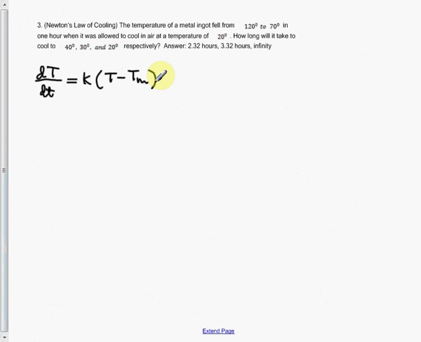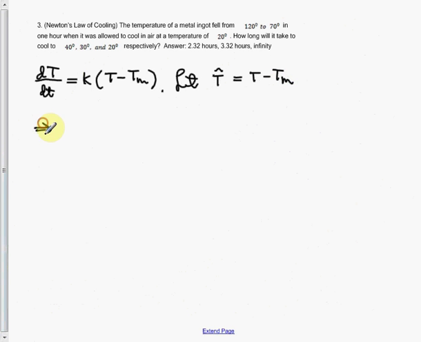Again, we can separate the variables here and solve that. The way I do it is I let T hat equal T minus T sub m.